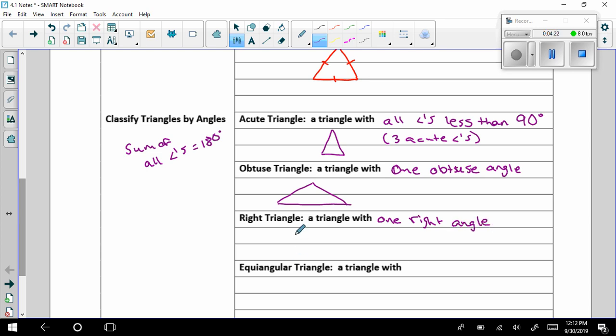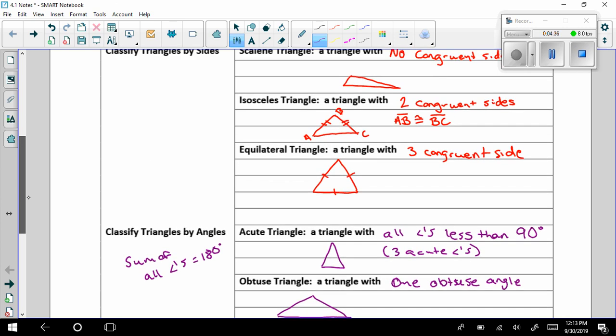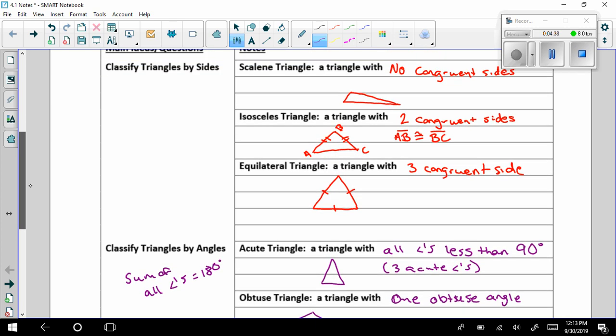One right angle, so like that. Okay. So we have acute, obtuse, and right. You can name things with both an angle and a side classification. So you can have an obtuse scalene or a right isosceles.